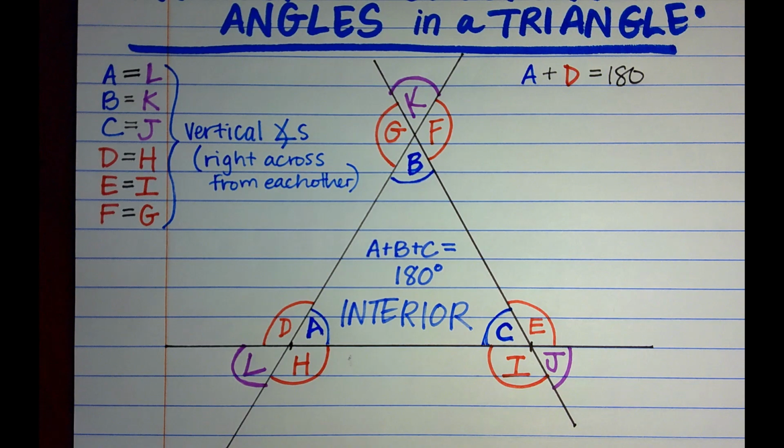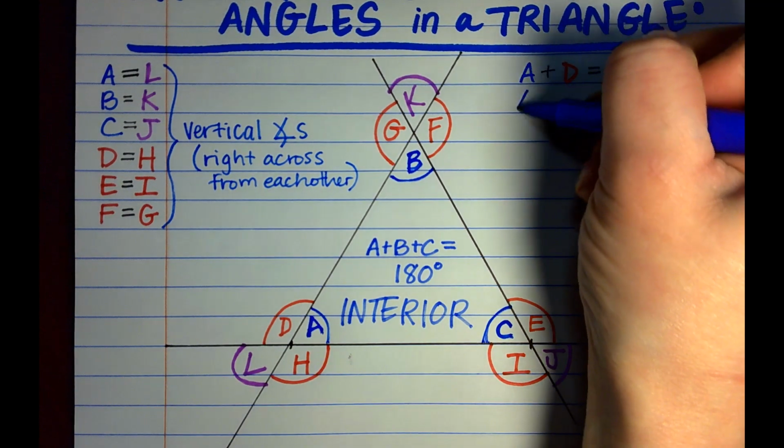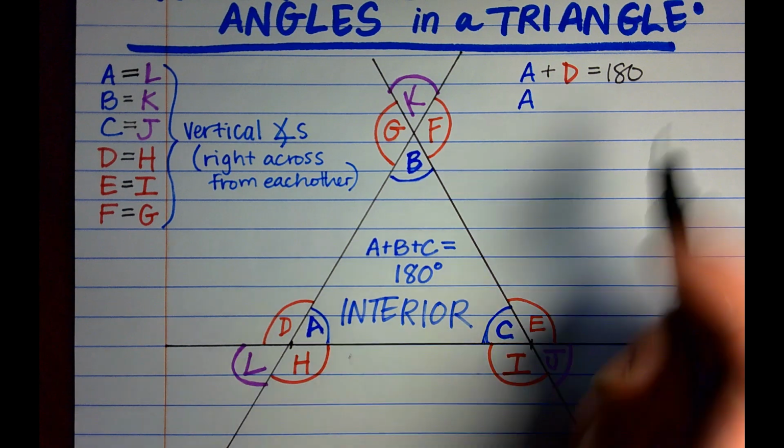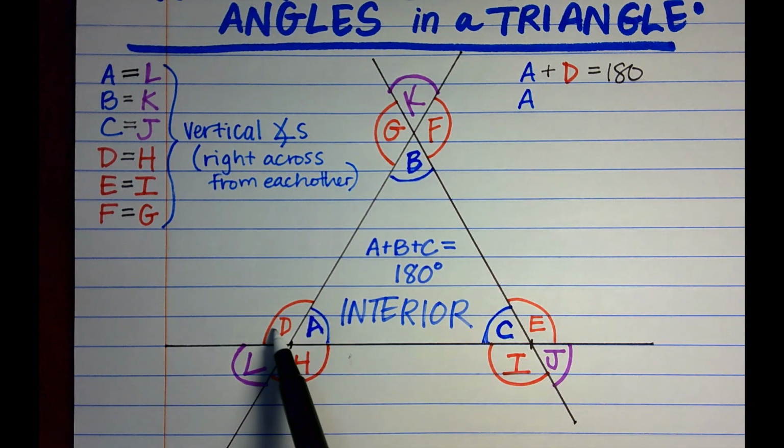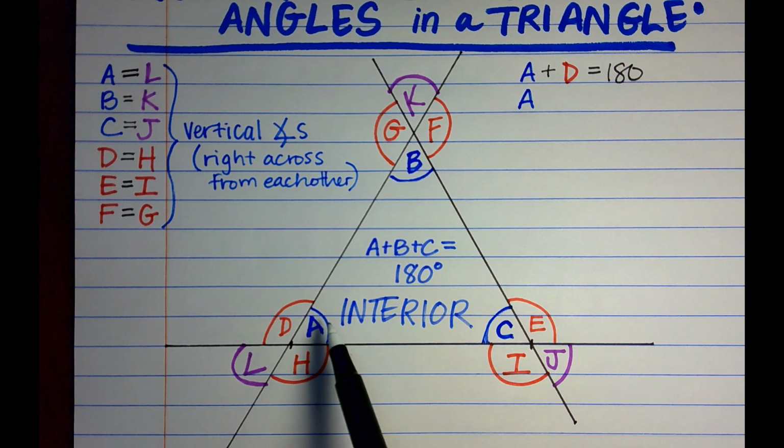Can I add A to anything else to get 180? Let's stick with A before we go to the next one. Can I do A plus anything else? H. Yes.